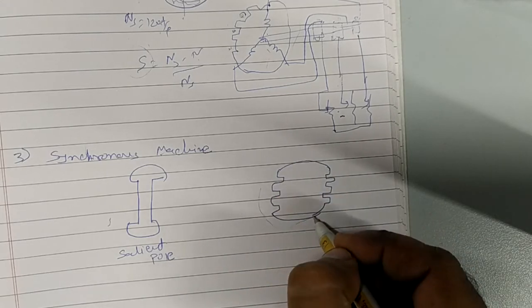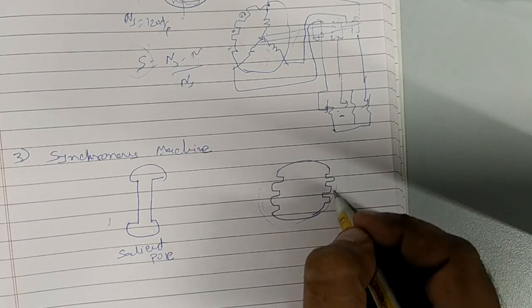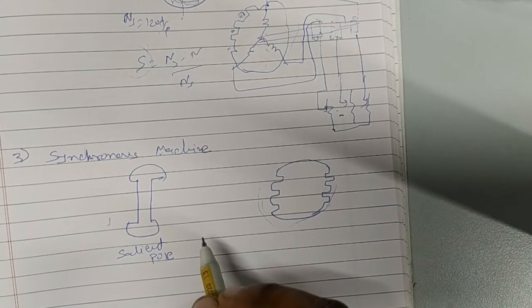Actually it is one kind of a circle. This is not a flat surface, this is circular. For simplicity I have drawn only two poles.